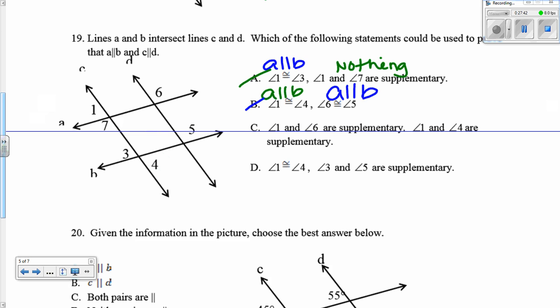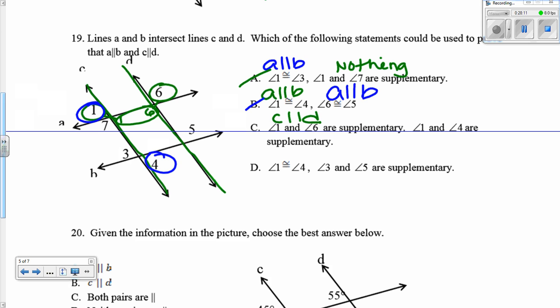Now we try again with C. 1 and 6 are supplementary. Those are my same side exteriors, which isn't real. I know that angle 1, these are congruent to each other. But it's supplementary, and those are alternate or same side interiors. This is telling me that C and D are parallel. 1 and 4 are supplementary.